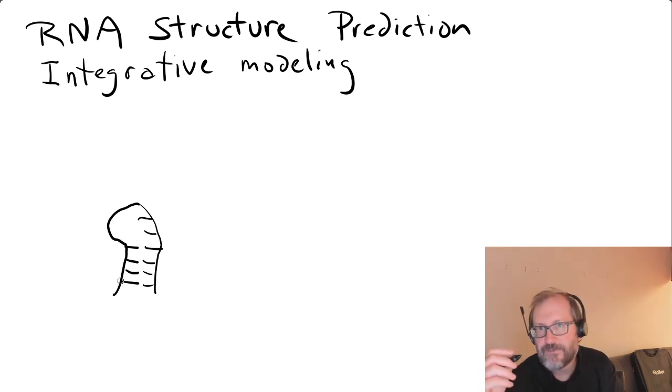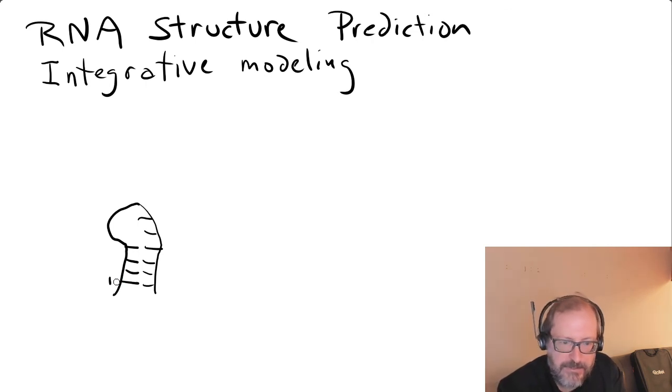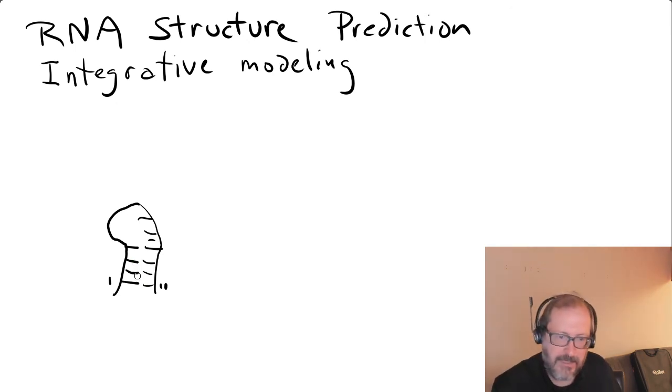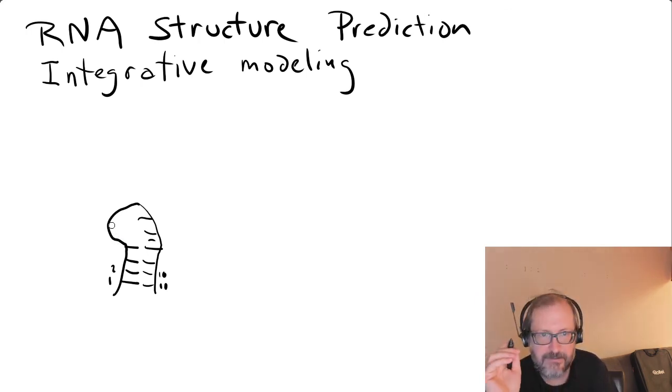So let's say you did a secondary structure prediction, so you know that residue 1 is interacting with residue 11. You create a Watson-Crick base pair, and then likewise another Watson-Crick base pair between residue 2 and 10, and so on. And that gives you the helix, but this loop is still kind of loose, and you don't know what it's doing.